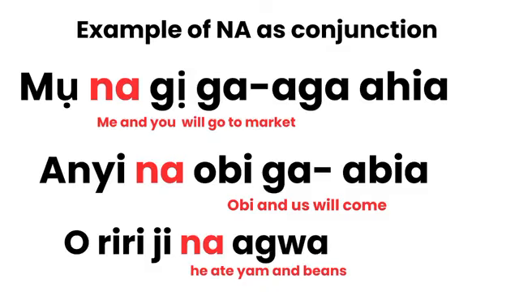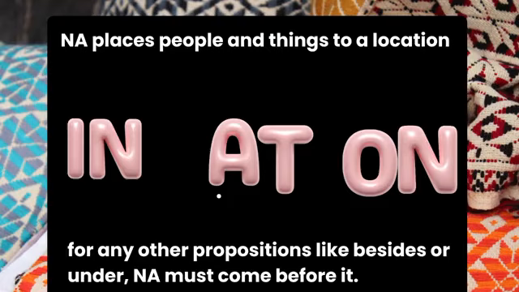So let's look at the second job na is doing in Igbo sentence, which is preposition, just like in, on, and at, placing something to a location or a time. Let's see some examples. Before we look at the examples, I want to correct this notion. Many people think that na is the only preposition we have in Igbo.